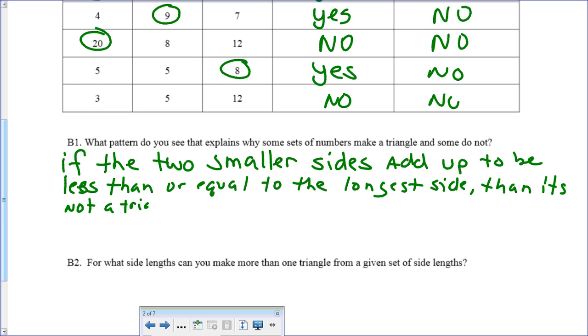Right? So then we want to say if the two smaller sides add up to be greater than the longest side, it's a triangle.